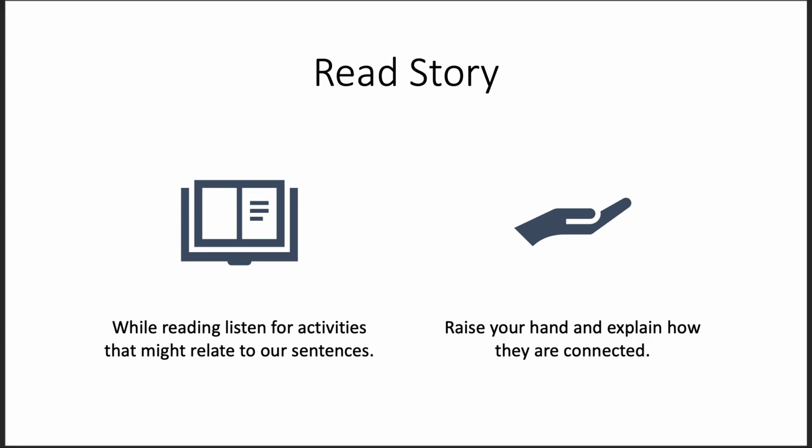So if they hear in the story that a family bakes cookies around Christmas or something similar to that, your student is going to raise their hand, and then they're going to explain how they are connected. So how is that story connected to the sentence? This way they're talking about the different customs and then really linking the story to the activity that we just did.